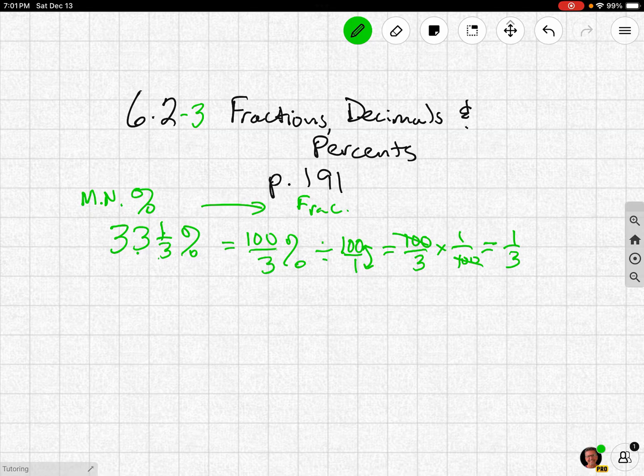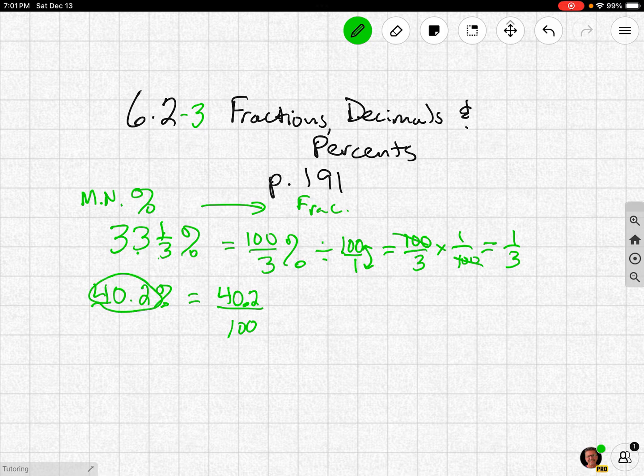Let's take a look at another one here. What if we wanted to do letter B, 40.2% as a fraction? Well, that's equal to 40.2 out of 100, because percent means out of 100.